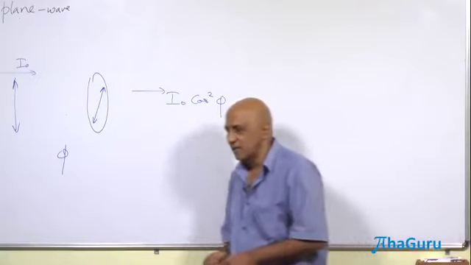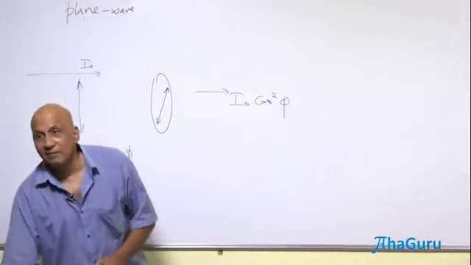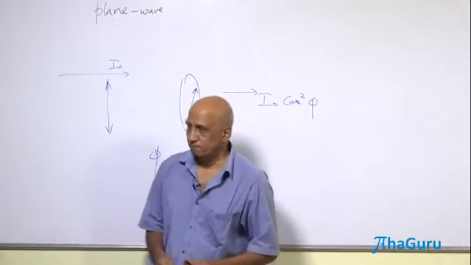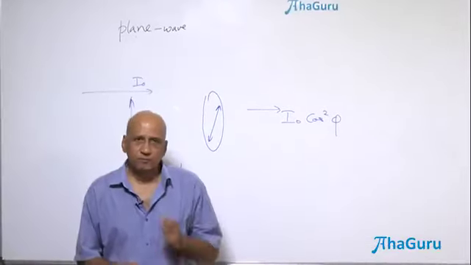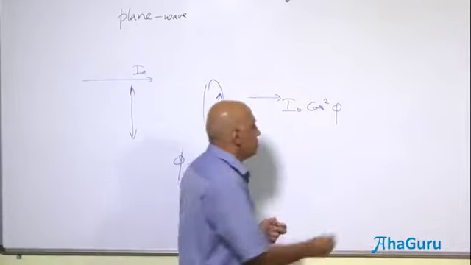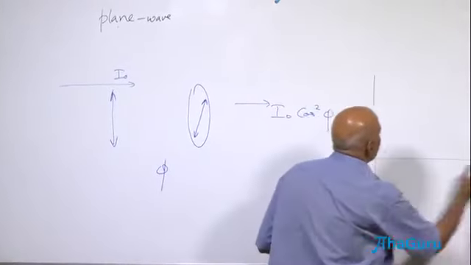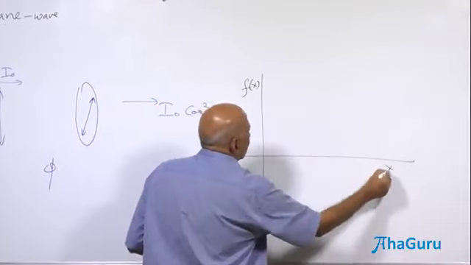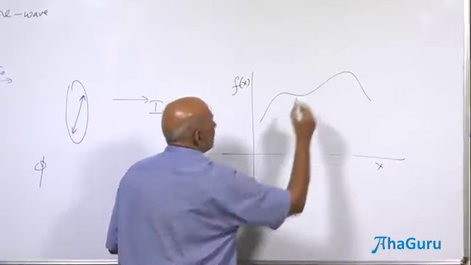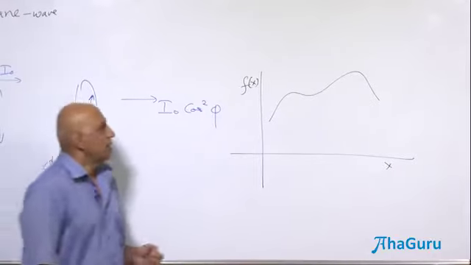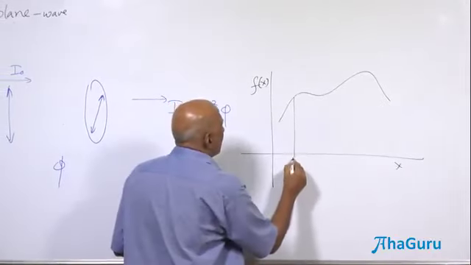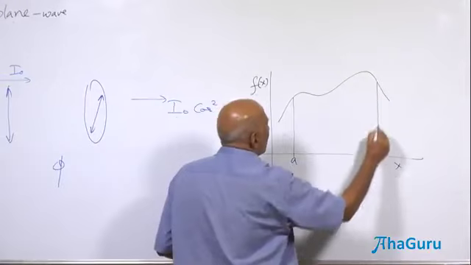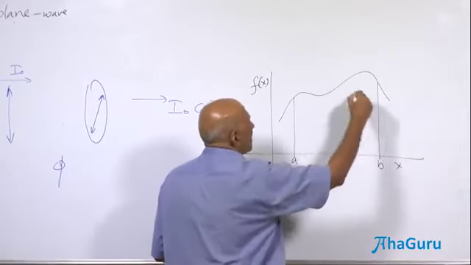Let's make sure we understand the meaning of the average of cos squared phi. Supposing you have a function f of x, as a function of x, some function. As you can see, between x equal to a and x equal to b, the value of the function changes.